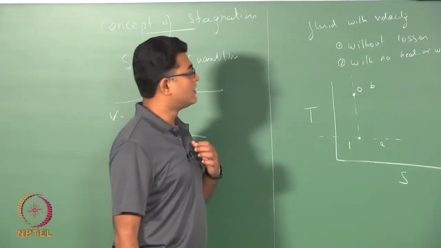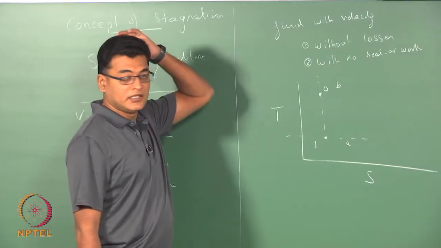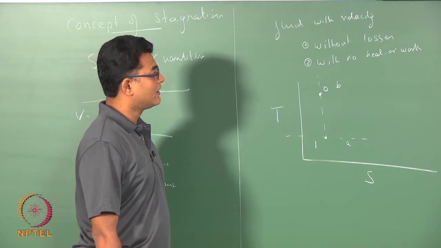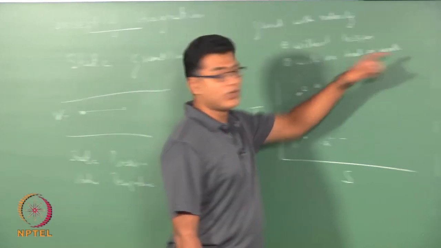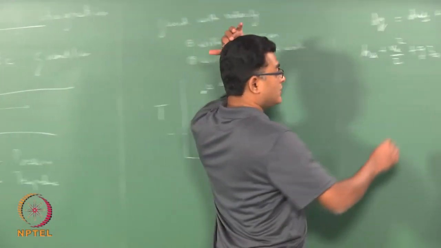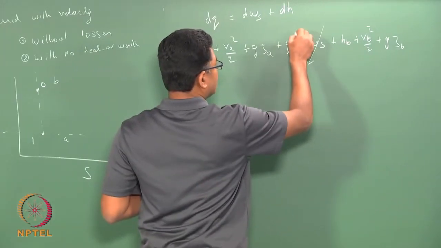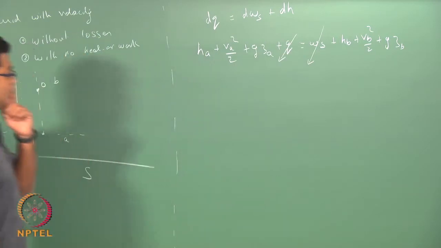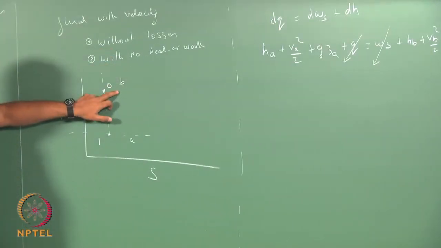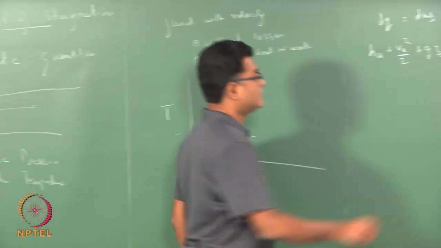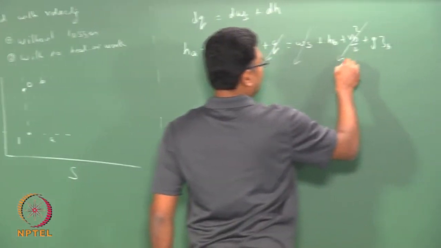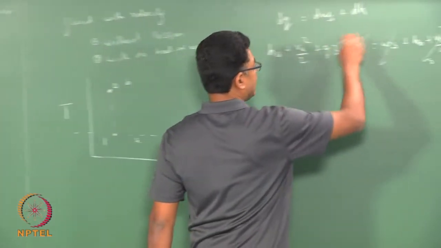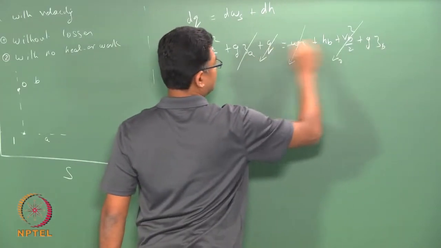I assumed no losses, so isentropic, and no heat, no work, and I have brought the velocity to 0. So, my V is 0, and I do not have a potential difference between these.